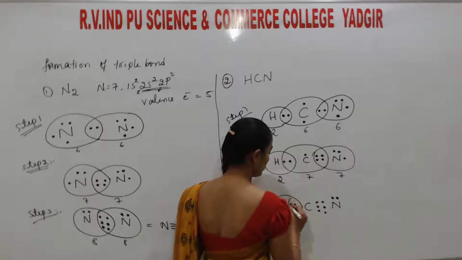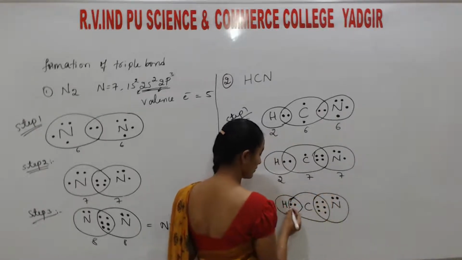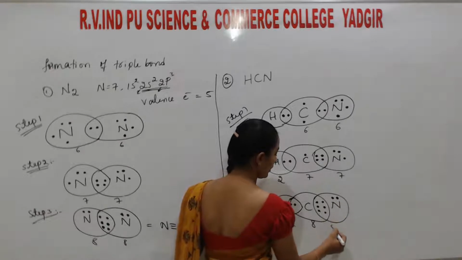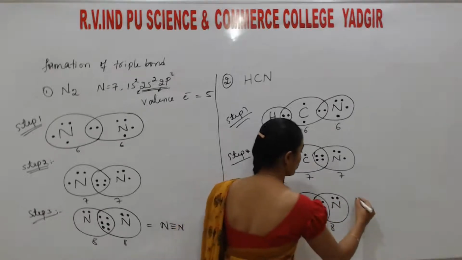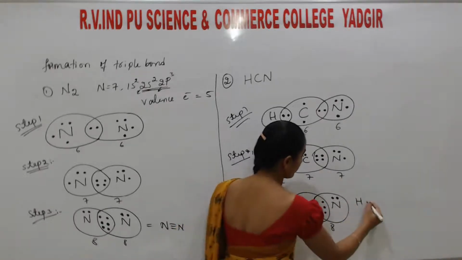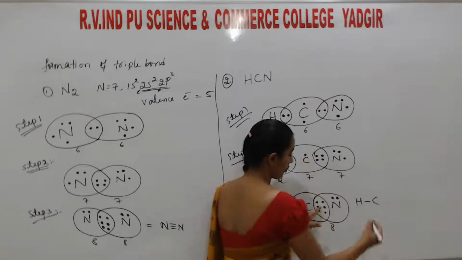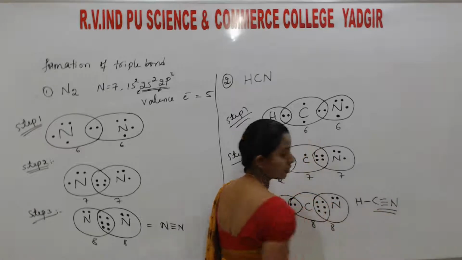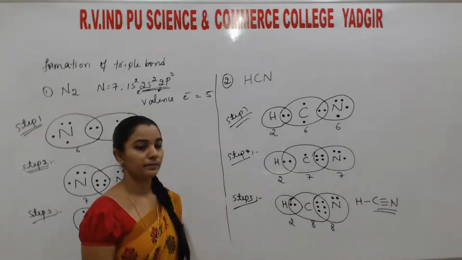So now this satisfies the 8 electron system. It is 2, 2, 4, 6, 8 for carbon and 2, 4, 6, 8 for nitrogen. Now here hydrogen is there, number of bonds is 1, carbon, here the number of bonds is 1, 2, 3, N. This is the structure of HCN.